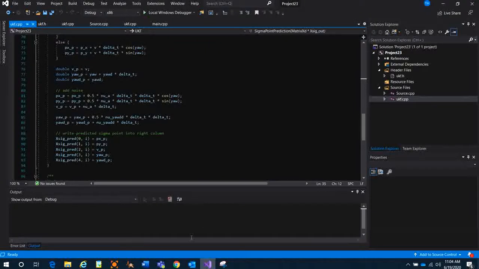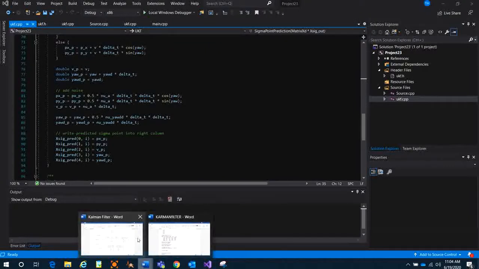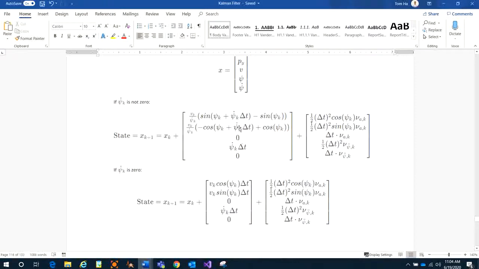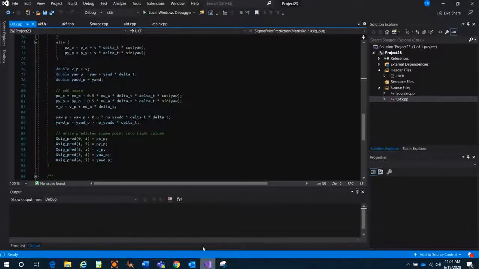After that, you remember the formula right here, right? When your yaw rate equals 0, we have a formula right here. After we add noise, the noise formula right here.